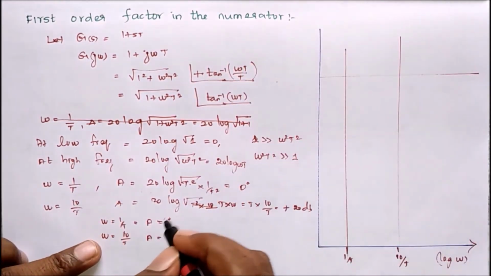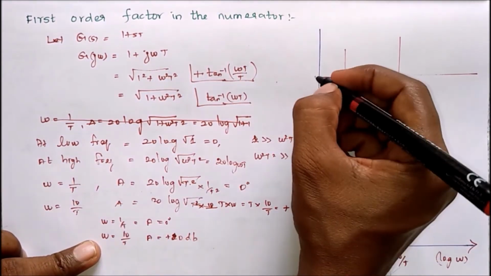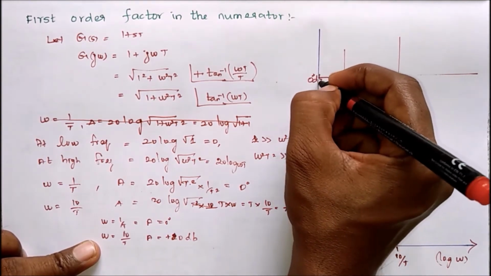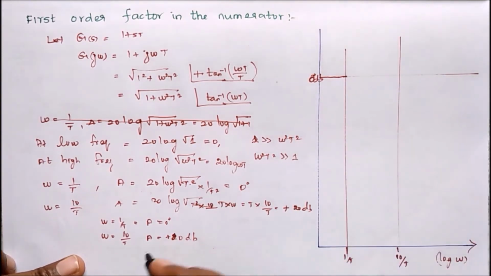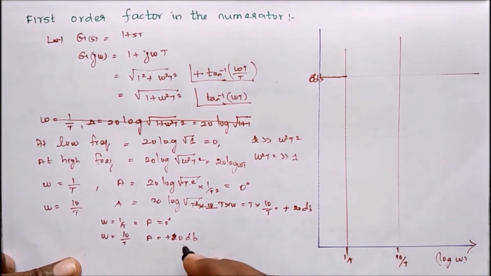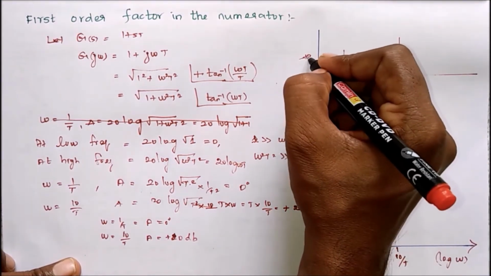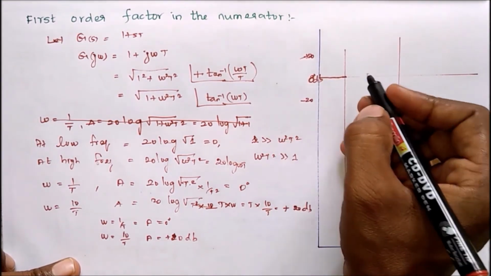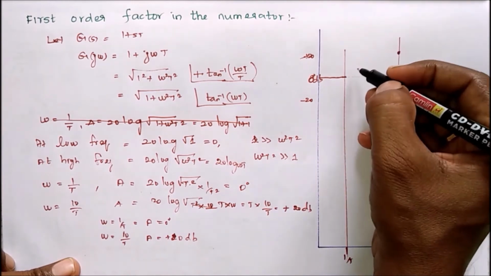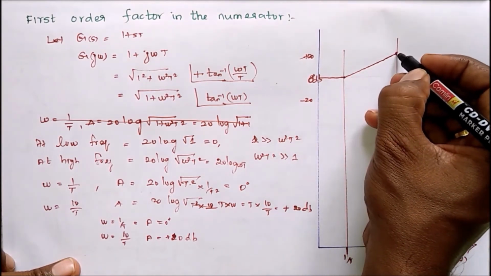At 1 by T, its magnitude is 0, therefore it is 0 decibel. When omega equals 10 by T, it is plus 20, so the plot moves up to plus 20.